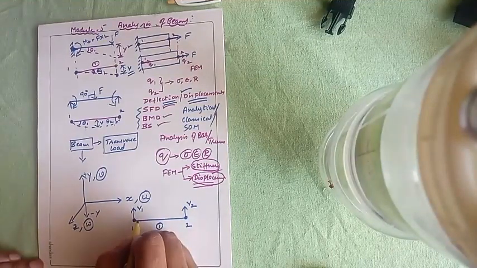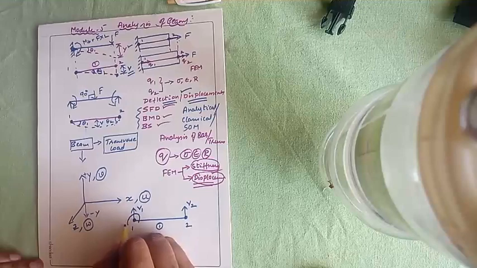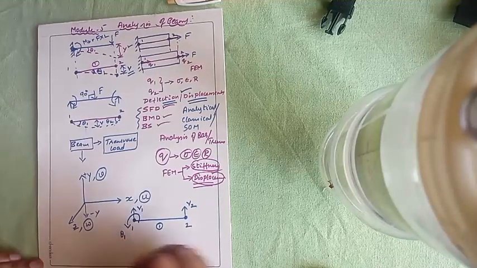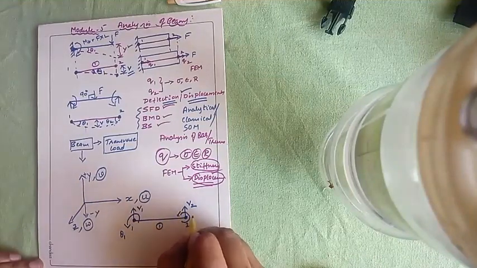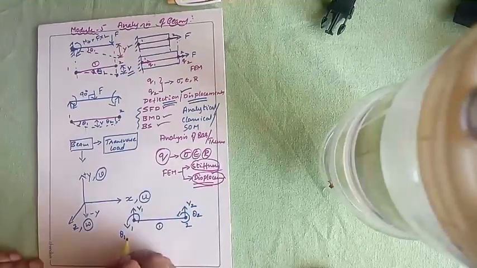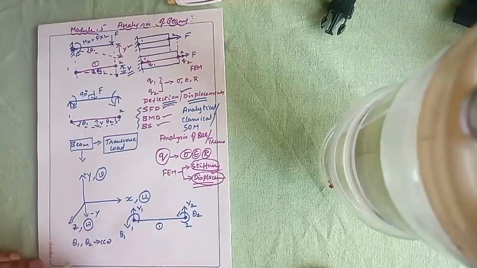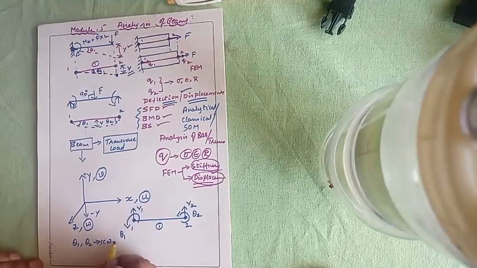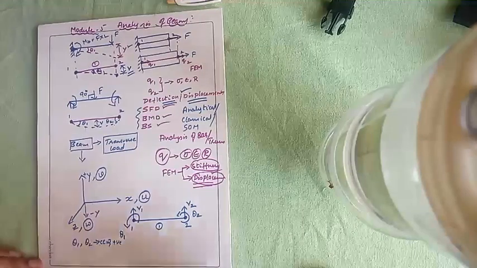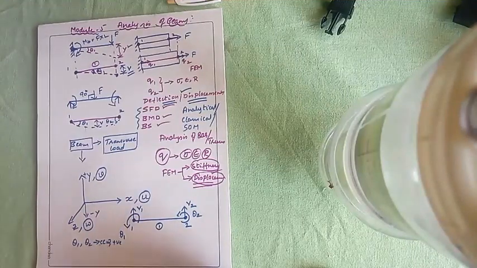Now we are going to show the angular displacements theta 1 and theta 2. Generally, we take these angular displacements in the counterclockwise direction. That's the sign convention: counterclockwise is positive. If it acts in the clockwise direction, then obviously it is negative.